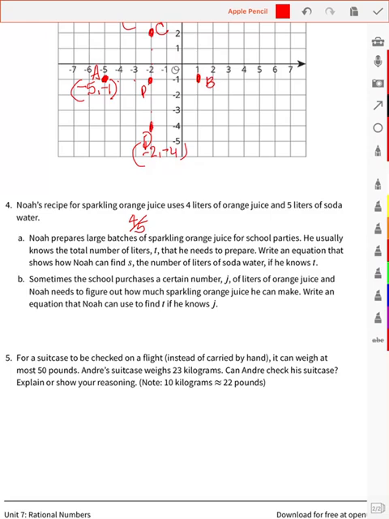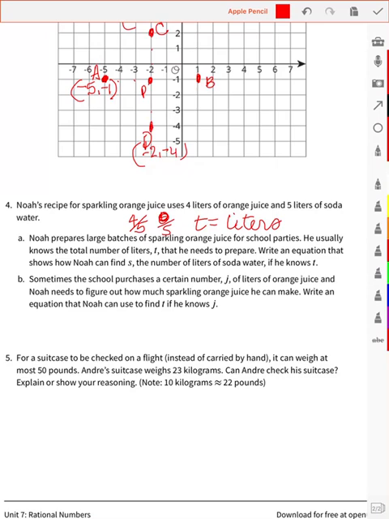So if he knows the number of liters T, then he can find S. Oh, this is actually O for orange juice, and the 5 was soda water, and T is equal to liters.